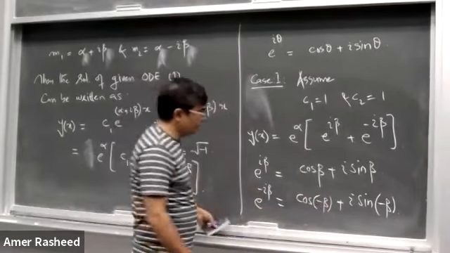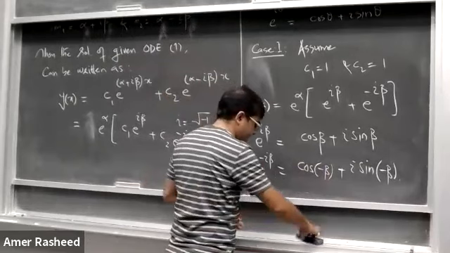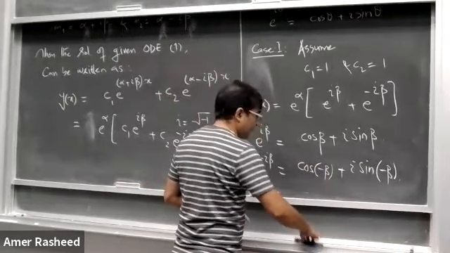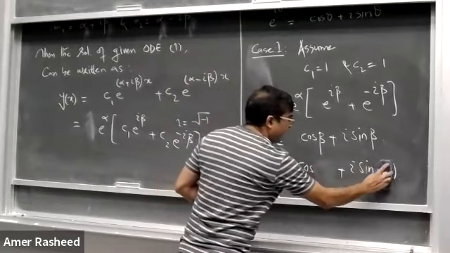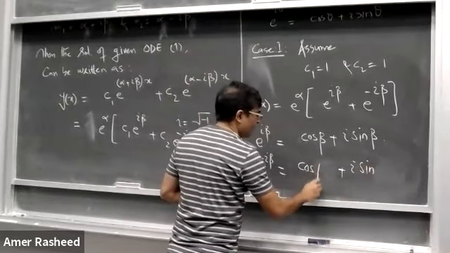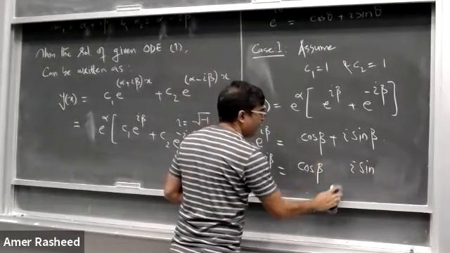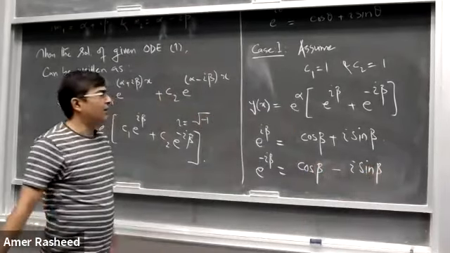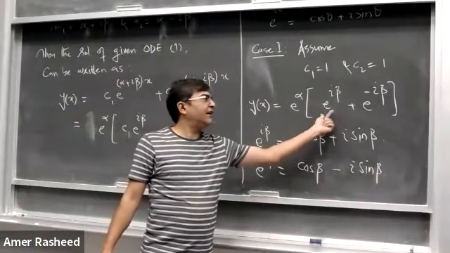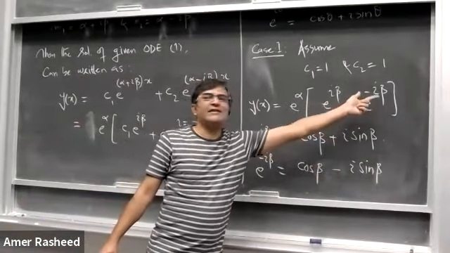So eventually we have cos beta plus iota sine beta here, and cos beta minus iota sine beta here. Now what do we require here? e raised power iota beta plus e raised power minus iota beta.